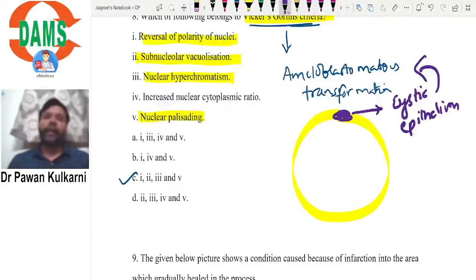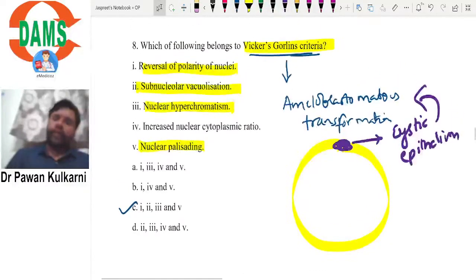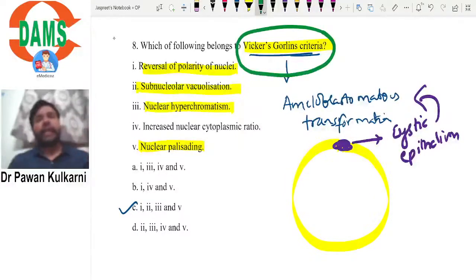What? Vickers-Gorlin criteria. That means that it is just not a dentigerous cyst now, it has converted into ameloblastoma. That is why thorough evaluation of the histopathology of dentigerous cyst is very important, because one of the complications of dentigerous cyst is it can become ameloblastoma. So how to prove that? Look at this Vickers-Gorlin criteria. If the Vickers-Gorlin criteria is satisfied, then it is basically an ameloblastomatous transformation or ameloblastomatous conversion.